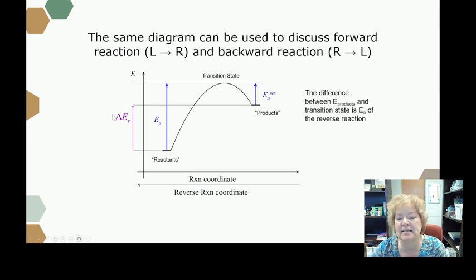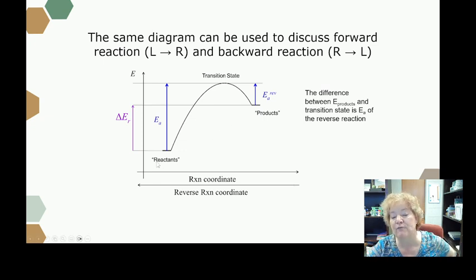So I can consider this same reaction from the forward direction, where we're going from left to right, but I can also think about it in the reverse reaction, where the products are the reactants, and they're going to the reactants, which are really the products, in the reverse reaction. So in the reverse reaction, we're going from right to left.